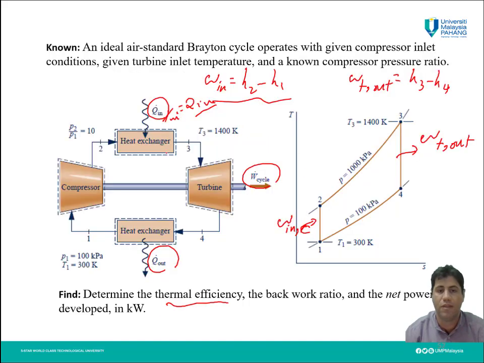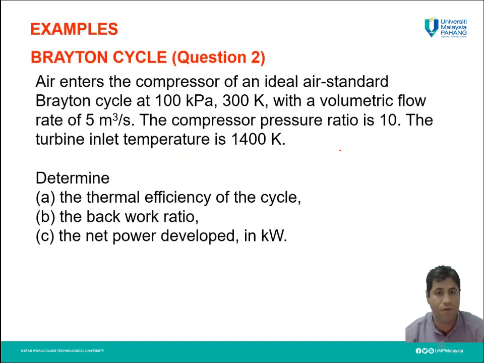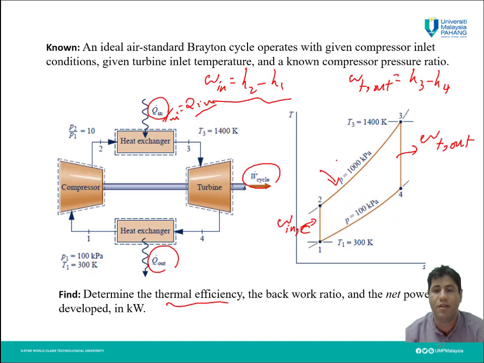Q in here, if you notice, is in this process. And during this process, if we write the energy balance equation, which I think you already have seen in many explanations about different types of cycles for this chapter, and if we use these assumptions, then Q in will be equal to H3 minus H2.